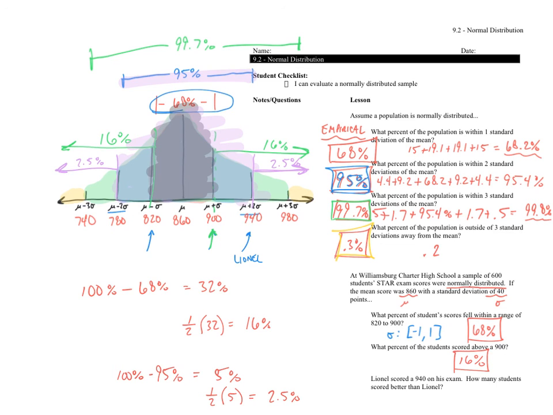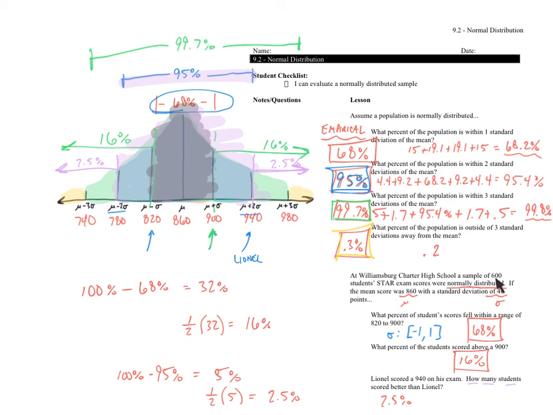This is helpful, but it says how many students, not what percent of the students. I could say 2.5%, but that doesn't answer the question because I want to know how many kids that is. So I need to take that percent and use it to figure out the number of people it represents.